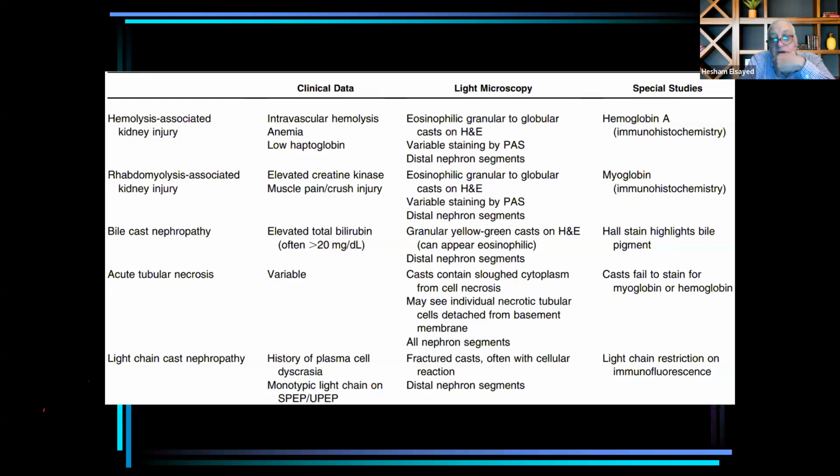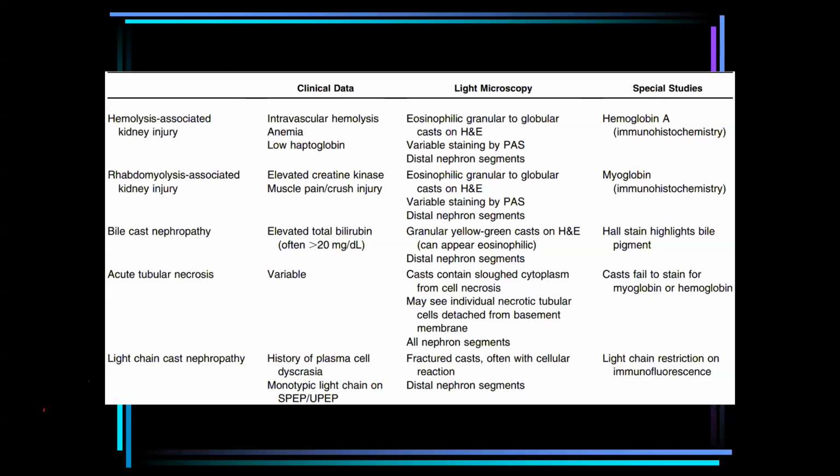So you are saying here in this table that total bilirubin is above 20 milligram per deciliter. If you have acute hemolysis and total bilirubin is not so huge, at what level do we put it here in hemolysis-associated kidney injury, and at what level of direct bilirubin can we classify it, not total bilirubin? If you can give some clarification, yes.